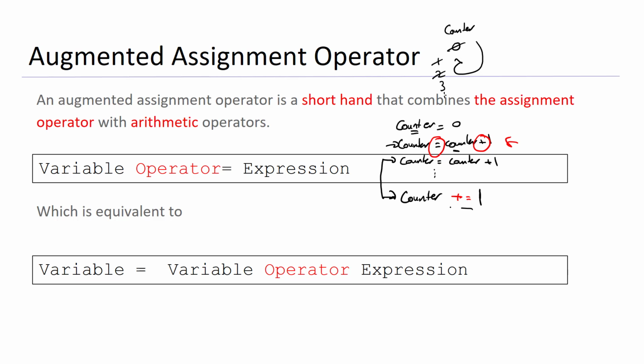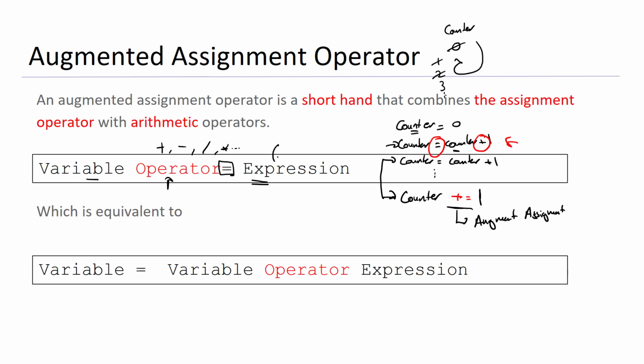Now this operator here is called an augmented assignment. An augmented assignment is a shorthand which combines the assignment operator along with an arithmetic operator. And this is the general syntax for it. You take a variable, followed by an operator, for example a plus, a minus, a division, a multiplication, and so on, immediately followed by the assignment operator, and then an expression.